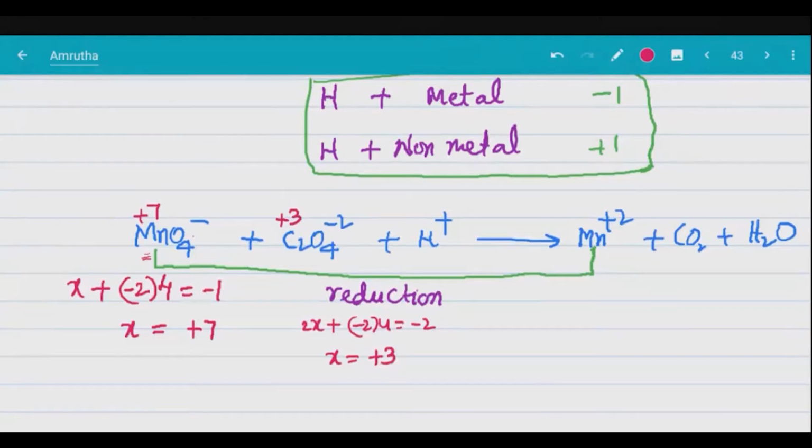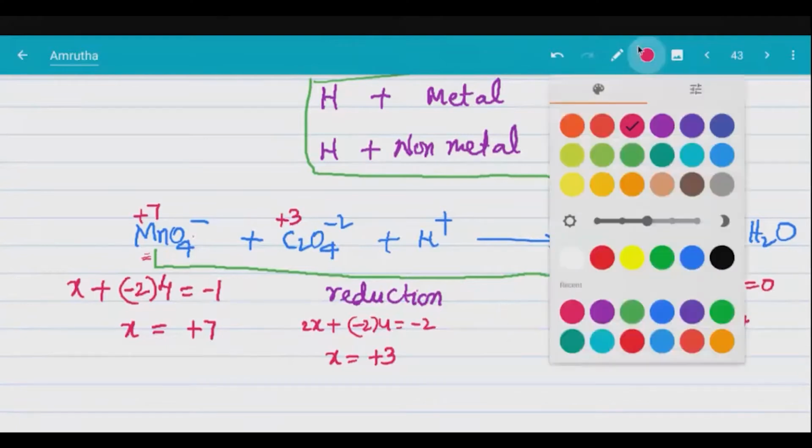Everyone is getting this, right? So this is the oxidation number of carbon on the left side. Now what is the oxidation number of carbon on the right side? It is +4. Why? You can take it as X plus -2 for oxygen 2 times equal to 0, so X equal to +4. Very simple, right? So +3 to +4.